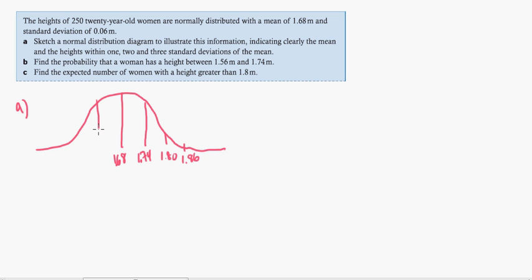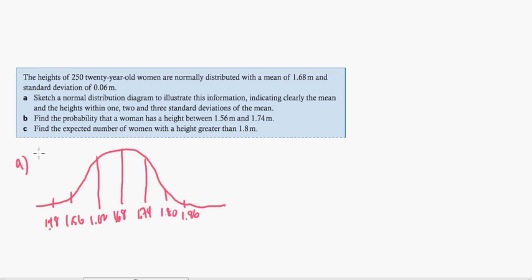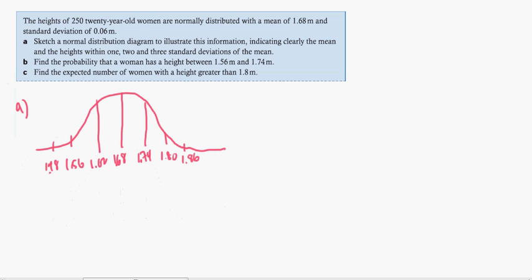Now, they don't always ask you to do this, but it's kind of nice just to look at the graph. So now you subtract 0.06, so it'd be 1.62, 1.56, 1.50. Now, this one says find the probability between 1.56 and 1.74.